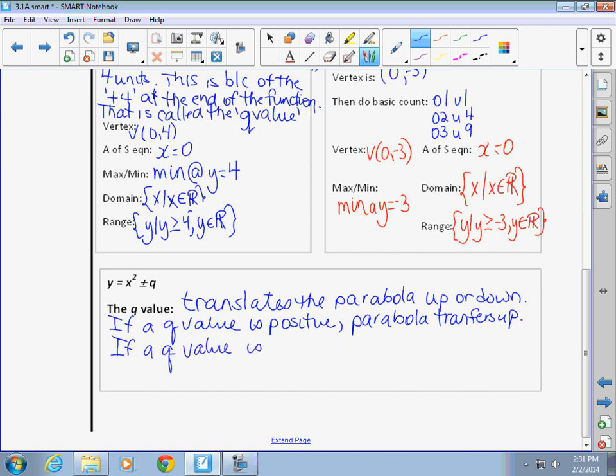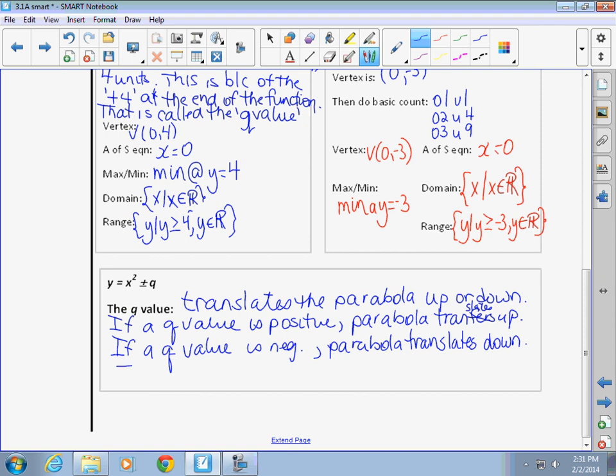If a q value is negative, then, that shouldn't be transfers, it should be translates. Whoops. So it translates down.